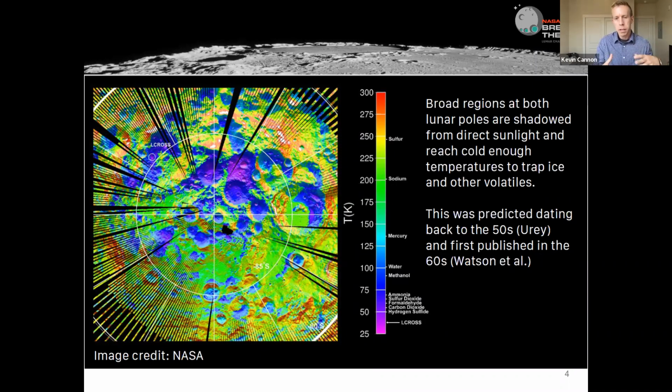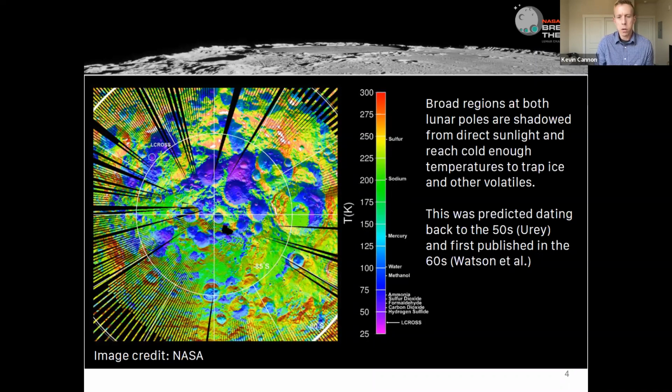And secondly, because the moon has a very small tilt, only about 1 degree, whereas the Earth is tilted about 23.5 degrees, if you're at the poles of the moon, the sunlight is always coming in at a very low glancing angle. So when you combine that with the rough topography, all the craters at the poles, you end up with some regions that never actually receive direct sunlight, and those are the permanently shadowed regions, or PSRs.